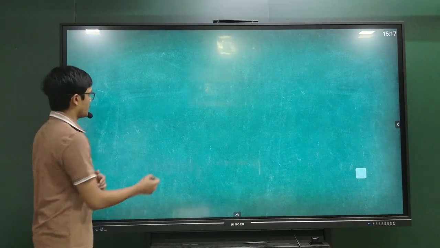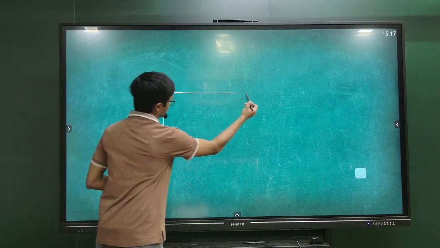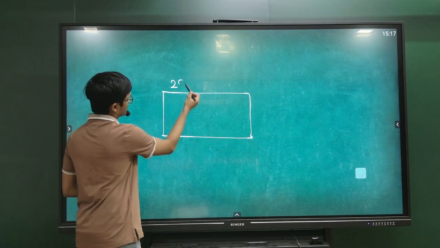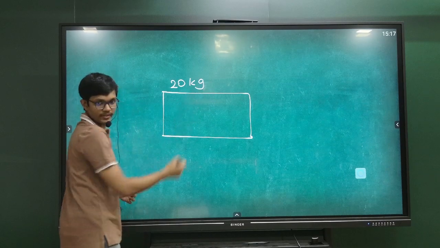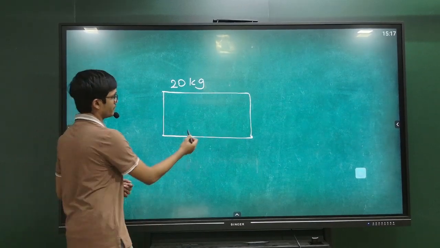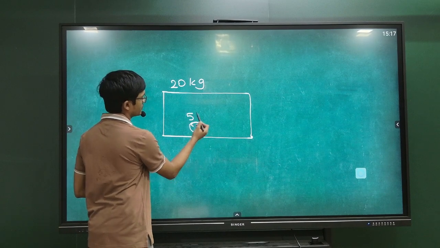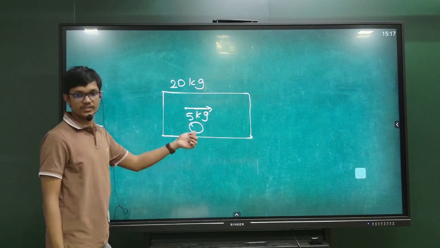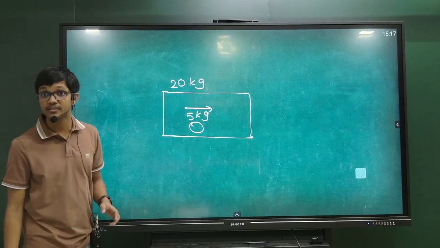As I remember this one, please help me with the values. This was 20 kilograms, and there was a 5 kilogram mass, right? It started moving with a velocity of, what was the velocity? 10 meters per second.